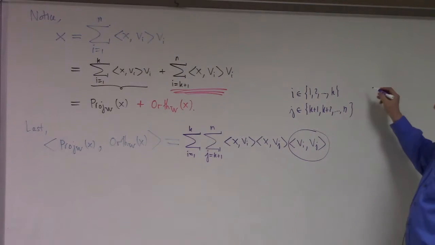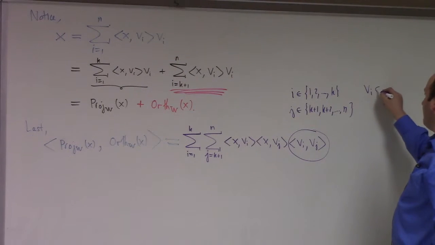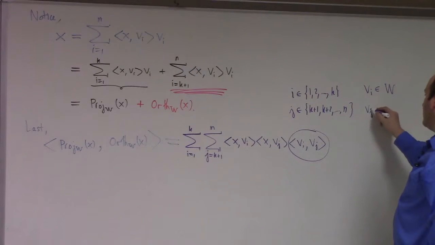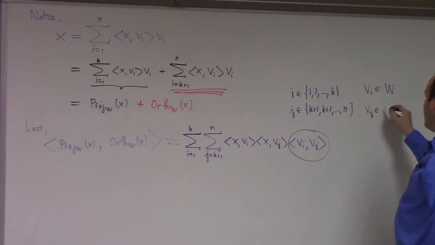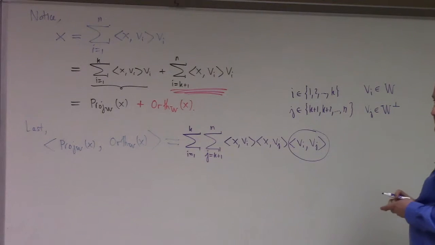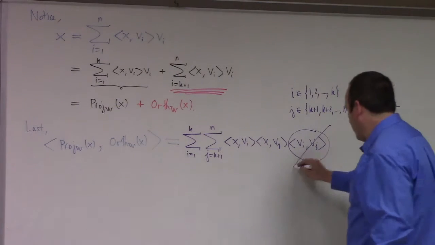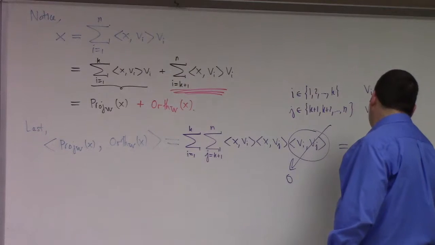In other words, vi is an element of W by construction, and vj is an element of W perp by construction. So that is 0 for arbitrary i and j. And there you have it.